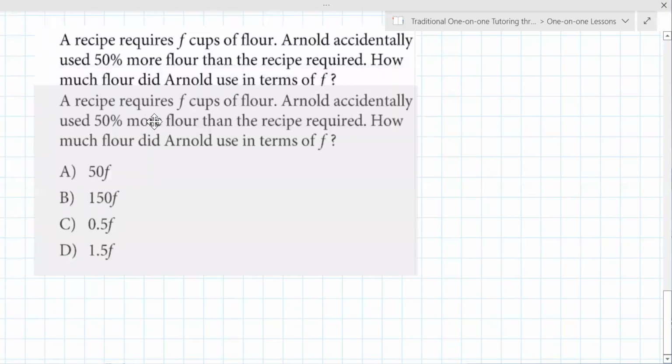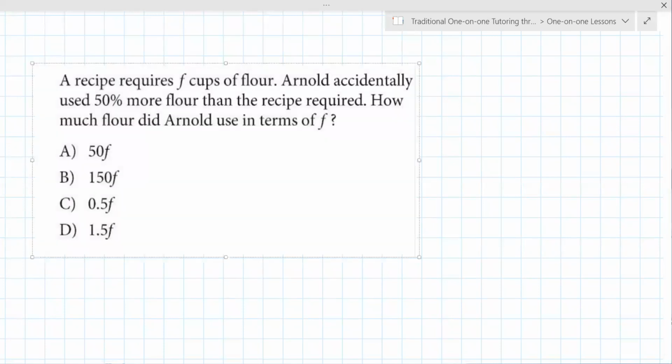Okay, go ahead and read this one. See if you can work it out on your own, please. It should be D. I agree.